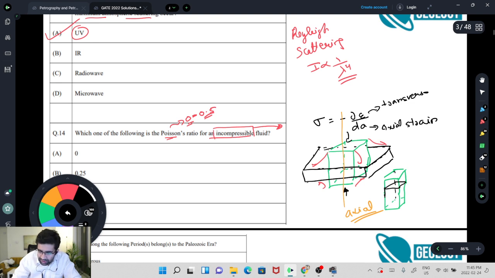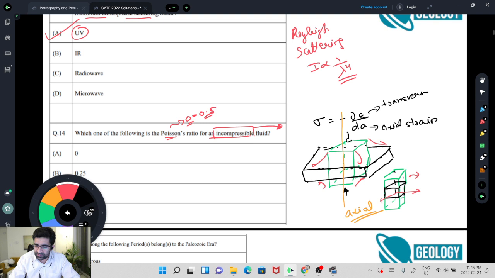So there is no transverse strain, meaning no change in the dimension. So breadth does not change. You can see here the breadth is not changing. Here, has there been any volume change or not? Of course there has been volume change, because area has not increased, but it has gotten decreased from the top. So volume here is reduced. So this is compressible.